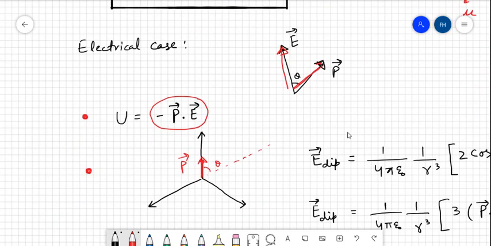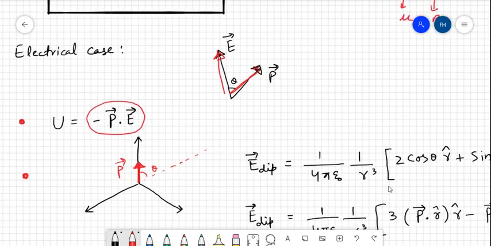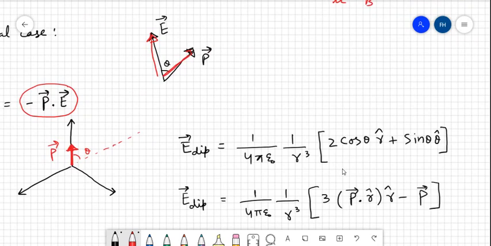And we also discussed that if we have an electric dipole moment oriented in the z direction, the electric field due to that dipole moment will be given by this.